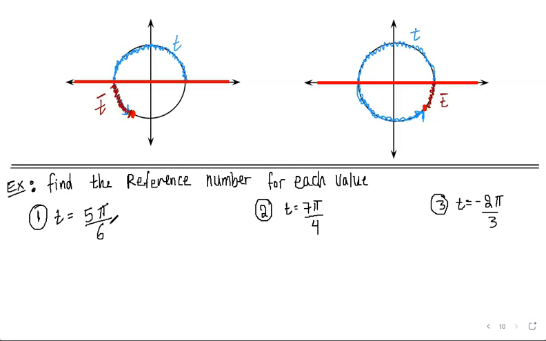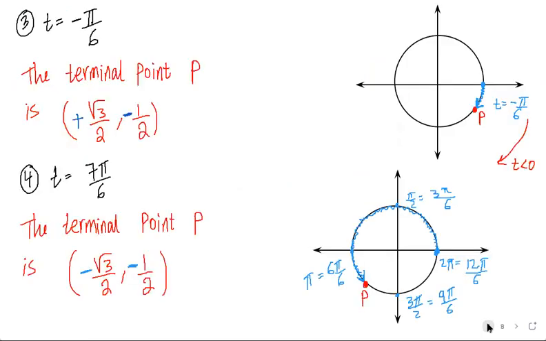So to find the first reference number, I have to graph the unit circle to see what the reference number is exactly. For the first one, 5 pi over 6 will be in the second quadrant. Why?